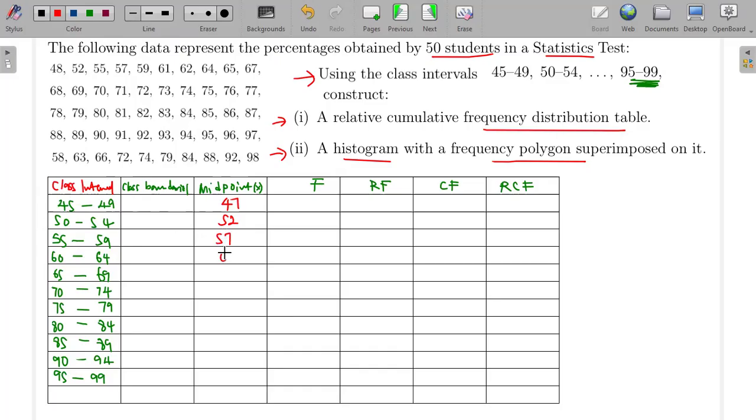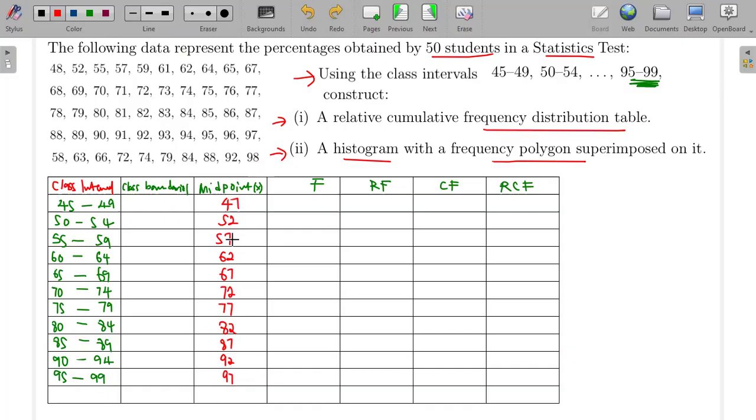The next ones, 62, 67, 72, 77, 82, 87, 92, 97, and then 102. Okay, but that one doesn't even have to be included because I'm ending there.